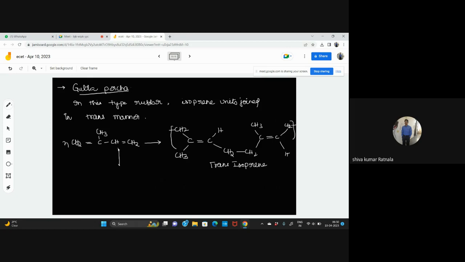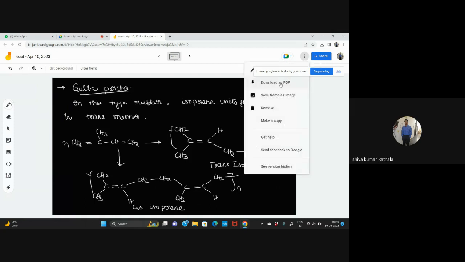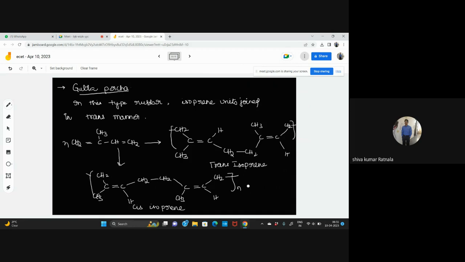If I'm taking cis isoprene, how will we write it? Same way, but the CH2 CH2 units will be on the same side. That is called cis isomer. This is cis isoprene. Cis isoprene is nothing but natural rubber, whereas trans isomer is gutta percha.